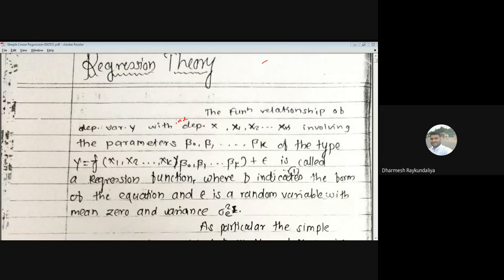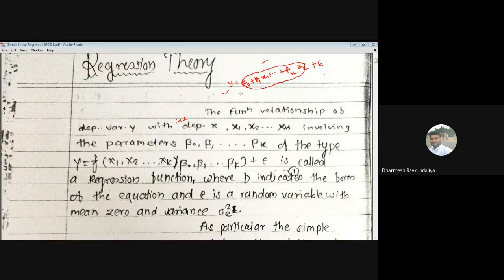This is called a regression function, where f indicates the form of the equation and epsilon is a random variable with mean 0 and variance sigma square. In short, if you write y is equal to beta 0 plus beta 1 x1 plus up to beta k xk plus epsilon, this is said to be the systematic part.